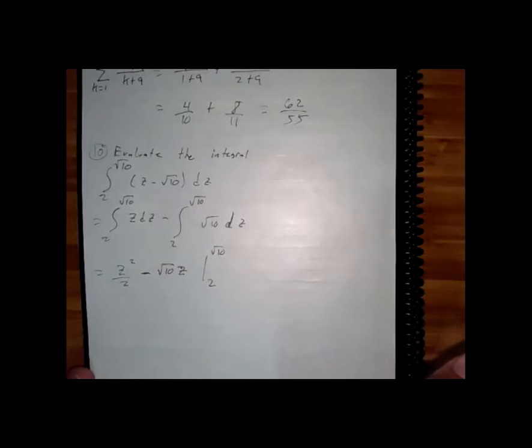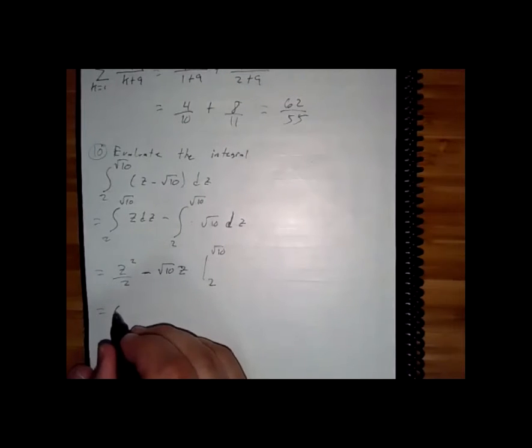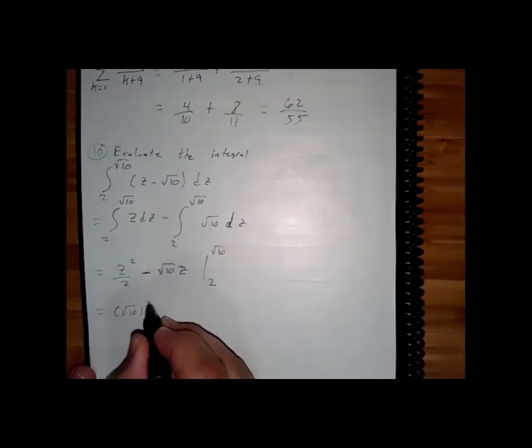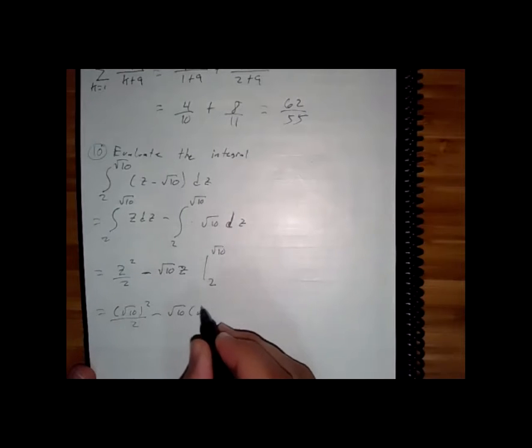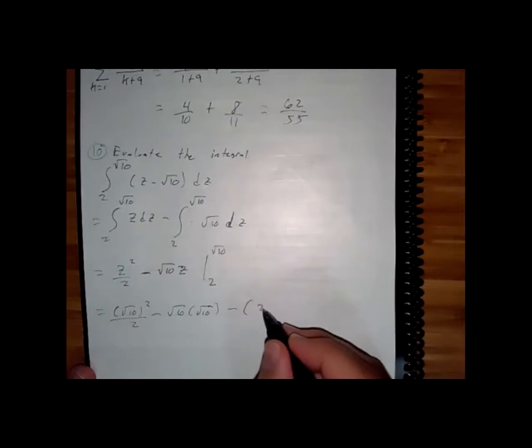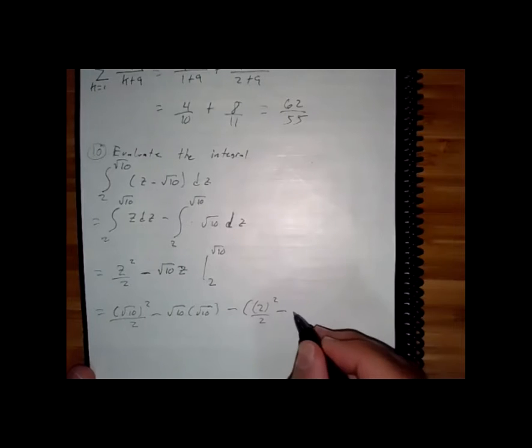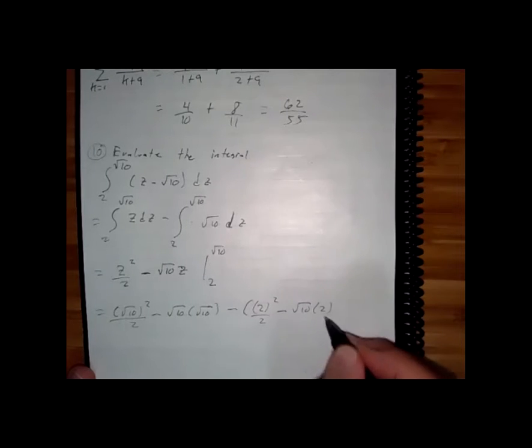So just plug in the numbers. It's always the top minus the bottom. So square root 10 squared over 2 minus square root 10 times square root 10, minus 2 squared over 2 minus square root 10 times 2.